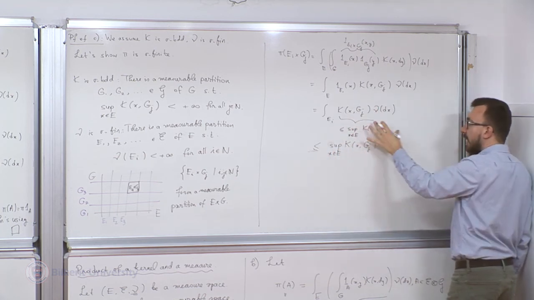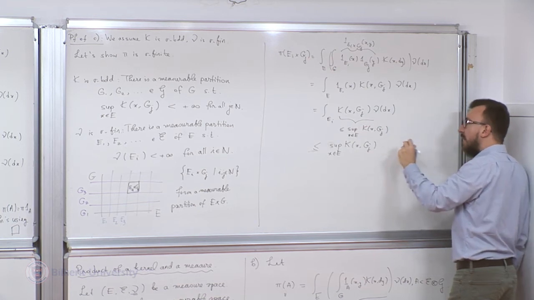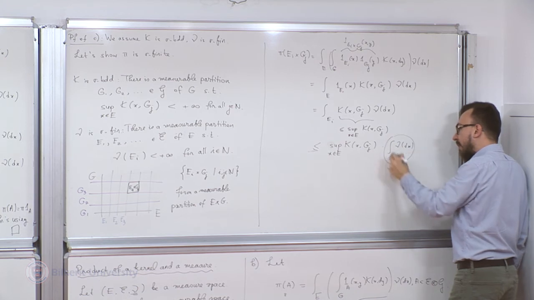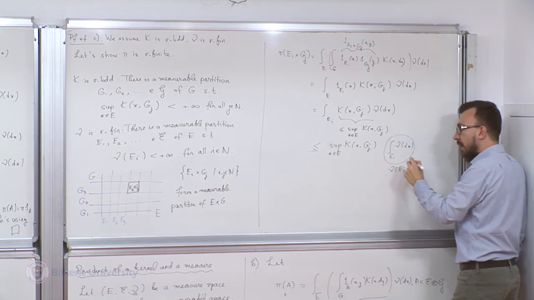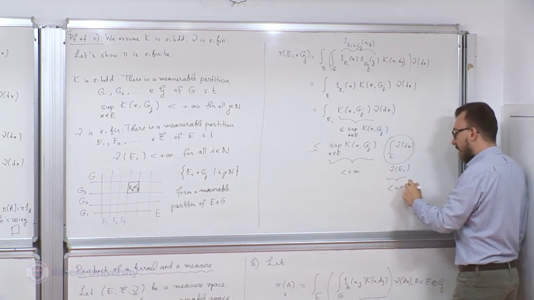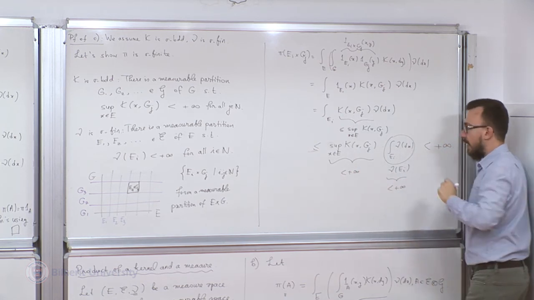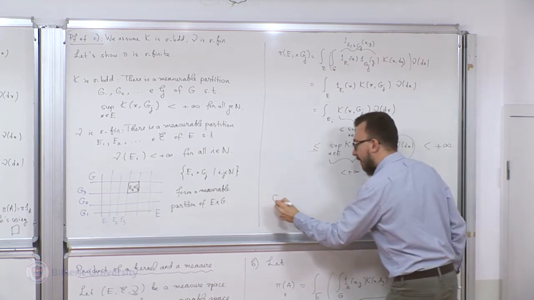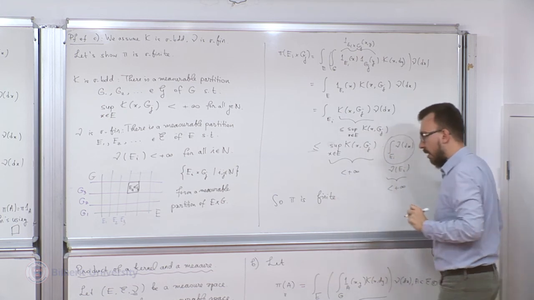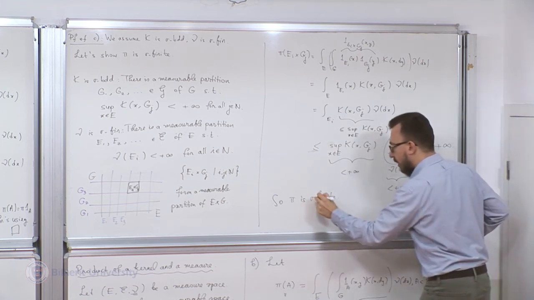I bound it by a finite number, times the integral of nu(dx) over Ei, which is nothing but nu(Ei). So this is finite. This is finite. Therefore, this product is finite. So pi is sigma finite.